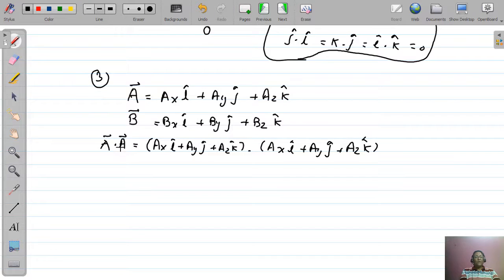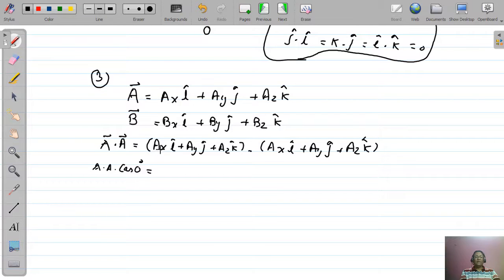Now A dot A: the magnitude of vector A is A, and this is also vector A. So it is A into A, and cos of the angle between them is cos 0 degree, because both are the same, parallel vectors. Cos 0 degree is equal to 1. Now we take the dot product of these. We have already mentioned that i dot i will be 1, and i dot j or j dot k, etc., will be 0.